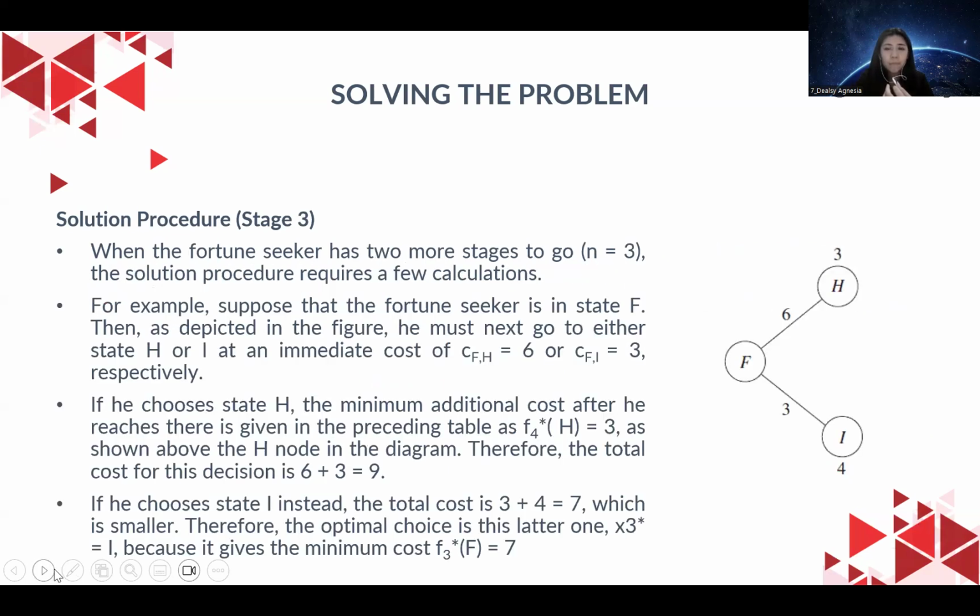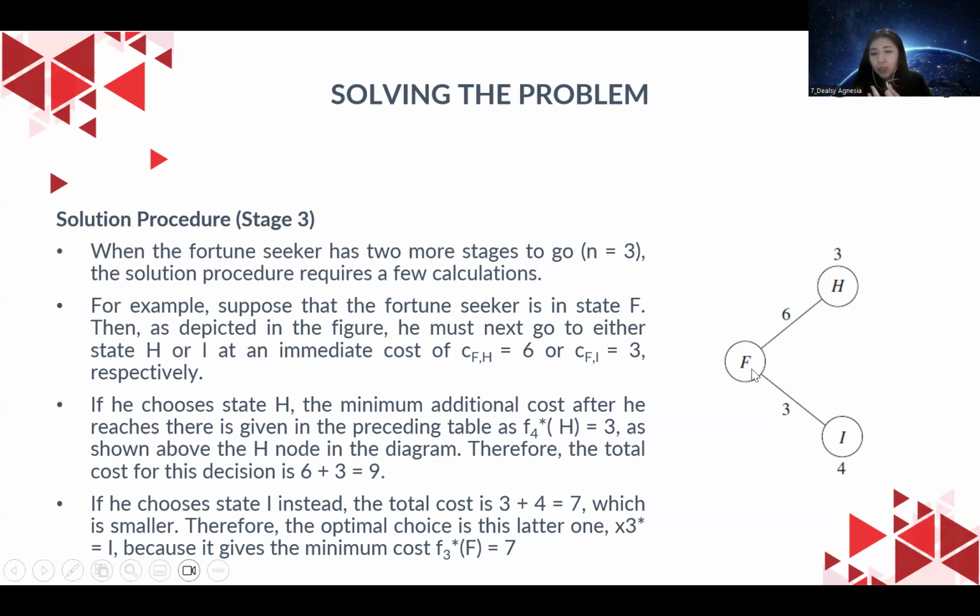Now we move to stage 3, where the traveler has two more runs to complete. If the traveler is in state F, they can go to state H or I, and the total cost is the sum of the immediate cost and the cost from the next state to J. The optimal choice is the one with the minimum total cost.